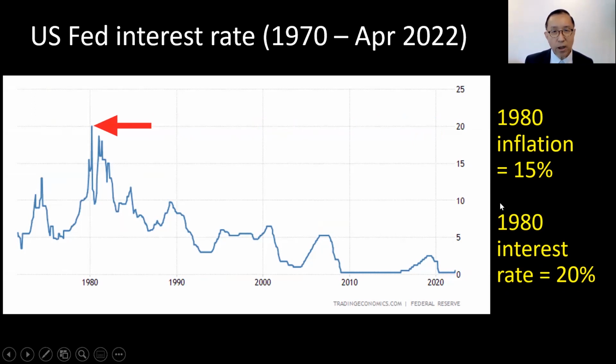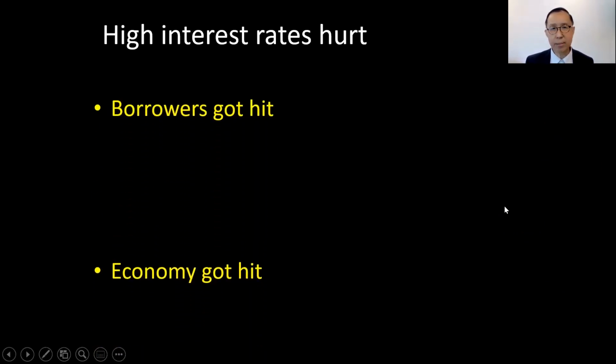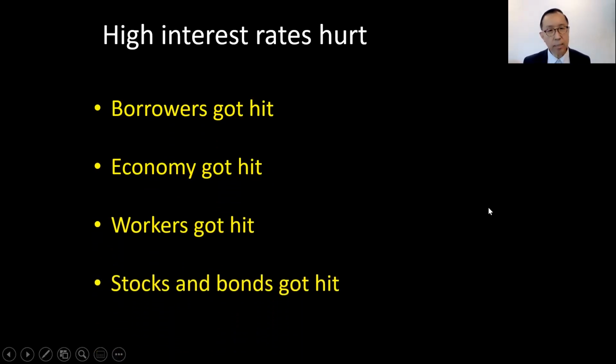So there was this 5% gap between interest rates and inflation. And that did the job, because in the next few years, US inflation started to slow down. High interest rates are bad. Borrowers get hit, the economy gets hit, workers get hit, and stocks and bonds also get hit.